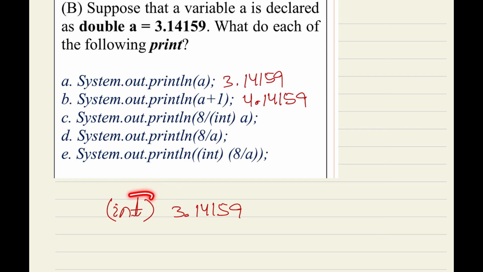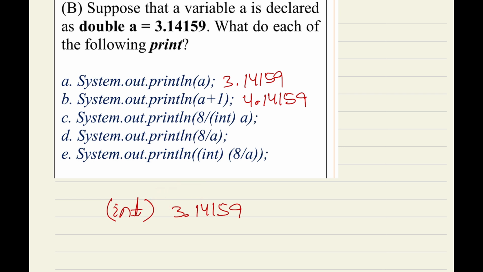This concept is known as typecasting. This 3.14159 is of type double, so Java cannot convert this double value to integer automatically.